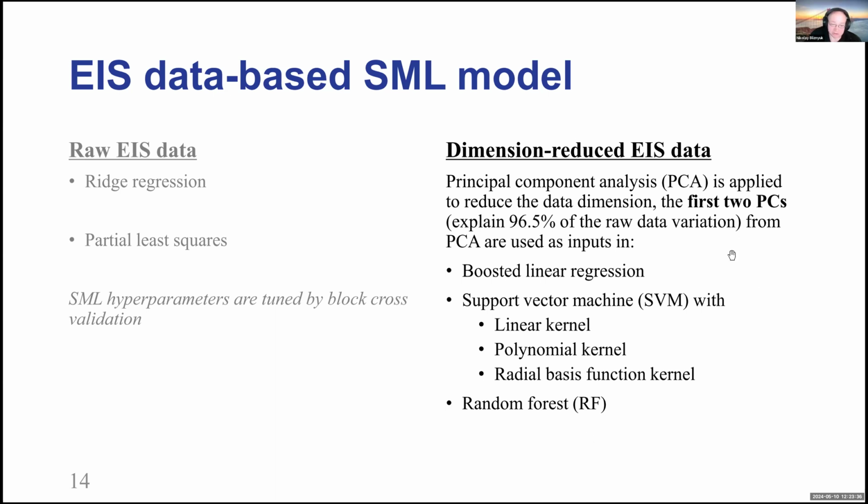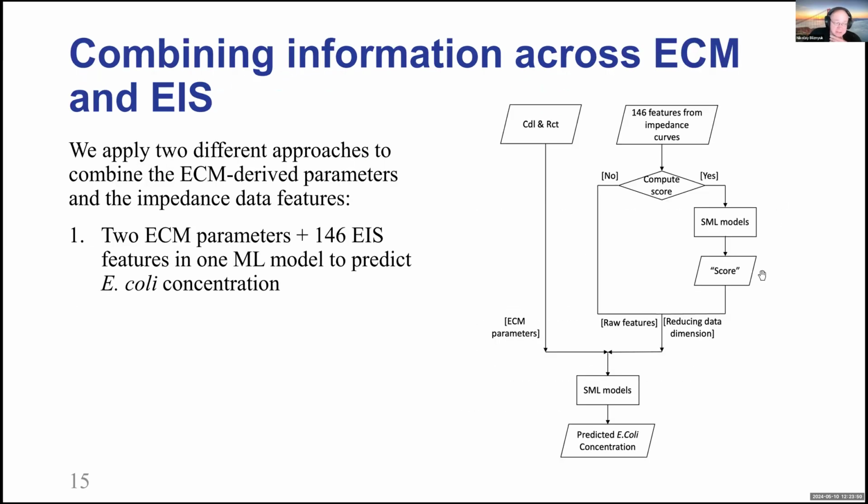So, this is a list of methods that we have tried: support vector machines, support vector machine regression, random forest, and so forth. Here is another point. What if we wanted to combine the data? That is, is there value in using ECM parameters coupled with the raw impedance curve data? This is another thing that we investigated.